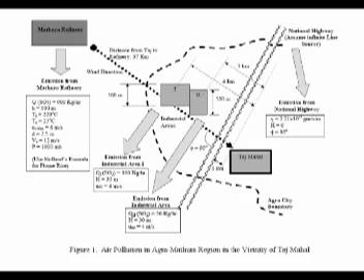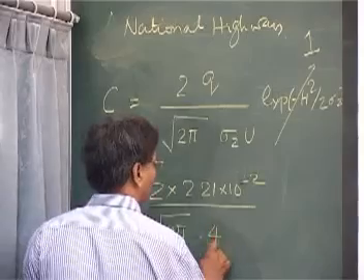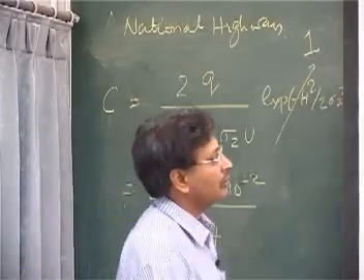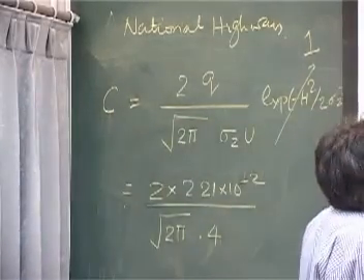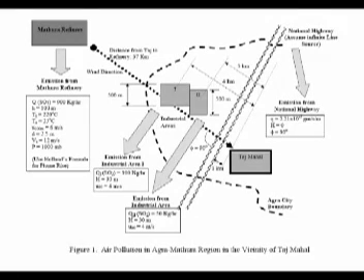U we will take the same as 4 meters per second, and sigma z we must find out how far it is from the 1 kilometer. Okay. So distance is, take this, 22 or so.